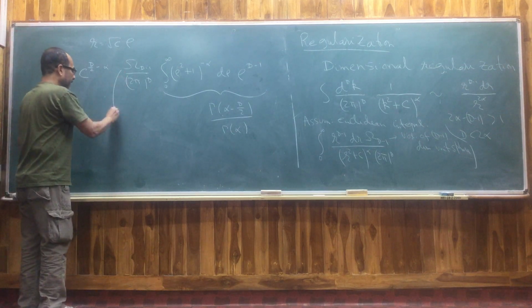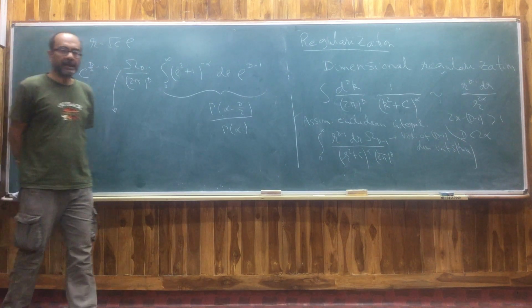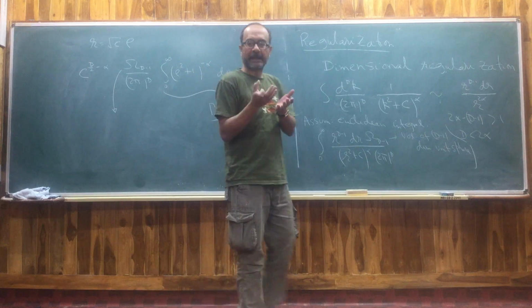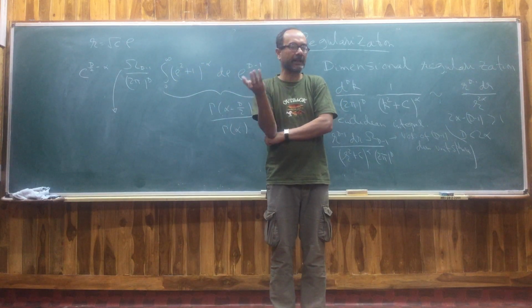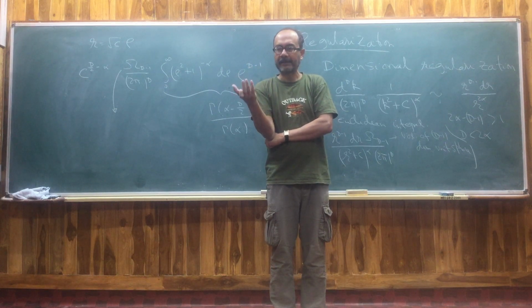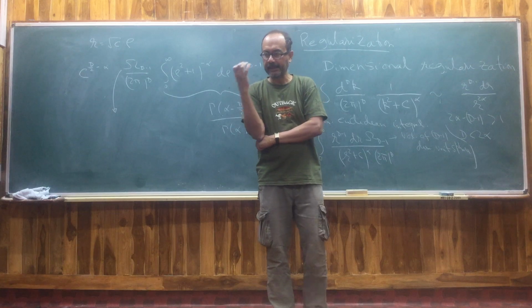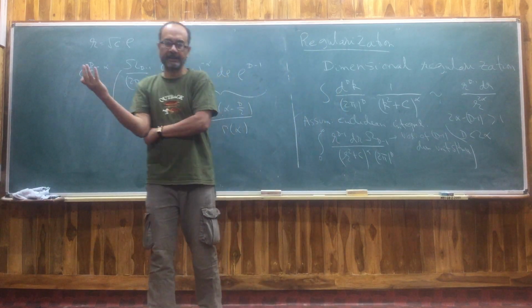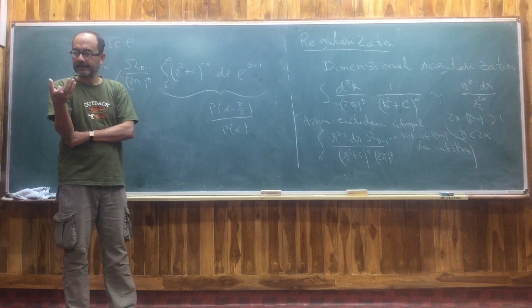Omega d minus 1. If you think of this as the volume of a d minus 1 dimensional sphere, then of course it can be defined only for integral d. The volume of a d minus 1 dimensional sphere doesn't make sense for arbitrary real number d. But what one can show is that it is possible to rewrite this in a way that can be made sense of for arbitrary d.